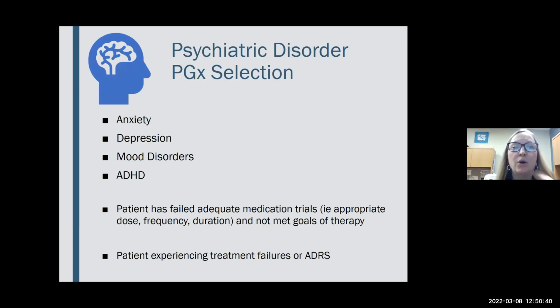Good question. We're not testing for your future risk of the BRCA gene for breast cancer or other genetic issues. This is specifically the CYP enzymes and the receptors and some transporters and MTHFR.